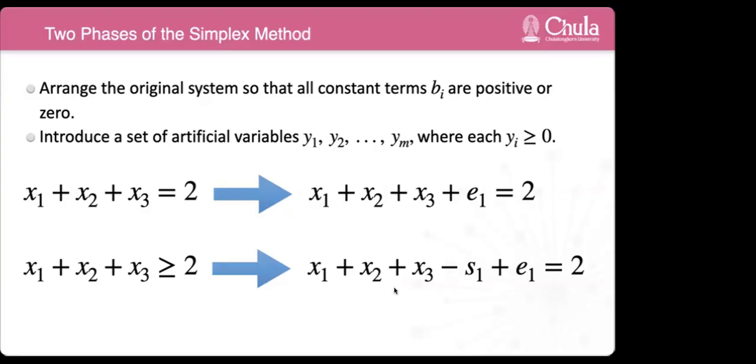We have to transform it this way: x1 plus x2 plus x3 minus s1 plus e1. You subtract a slack variable, and you have to add e1. We call e the auxiliary variables.